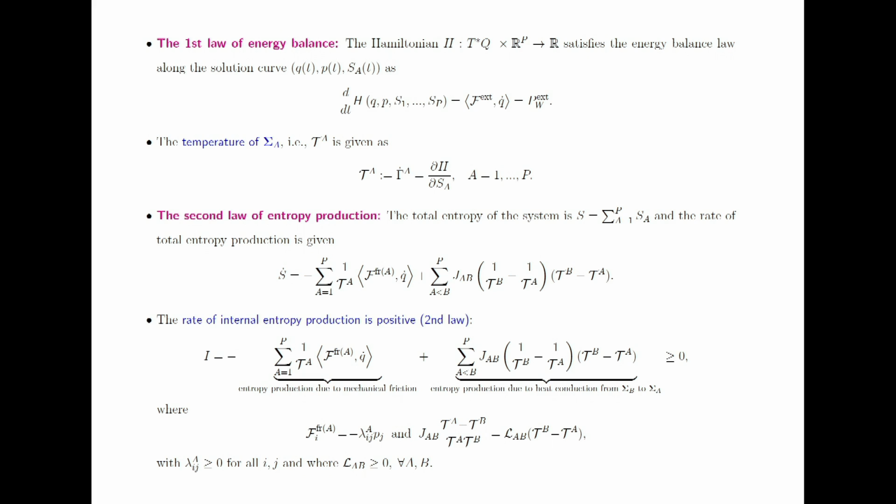So this rate of internal entropy production is always positive, because our phenomenological relations or constitutive relations associated with the mechanical friction and heat conduction are given by this, and it's always positive and consistent with the second law.